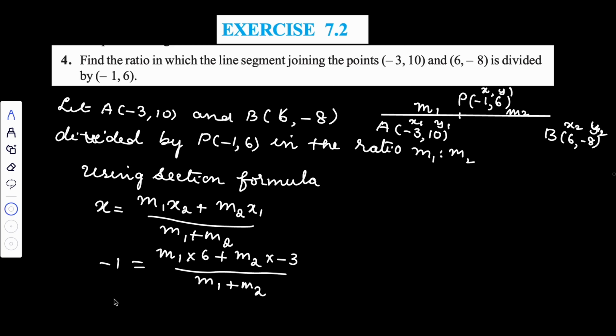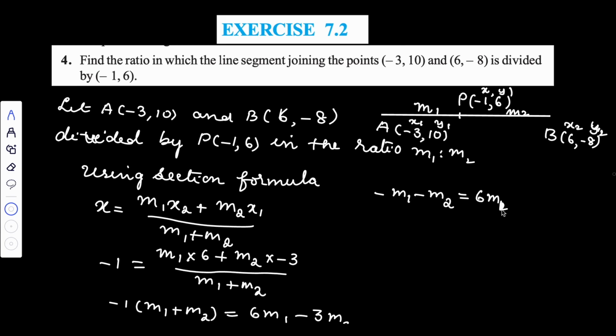Now doing cross multiplication we get -1 into (m1 plus m2) is equal to 6m1 - 3m2. We'll open the brackets: -m1 - m2 is equal to 6m1 - 3m2.